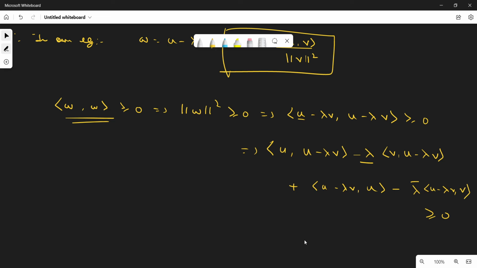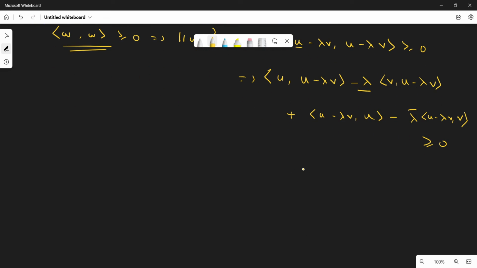Now you further distribute it. So this becomes the inner product uu, minus lambda bar inner product uv, minus lambda inner product vu, plus lambda bar lambda inner product vv. Okay, this much is clear. We do the same thing here.